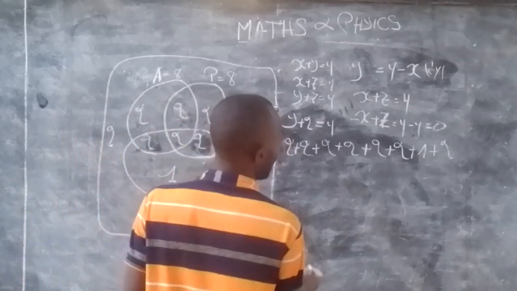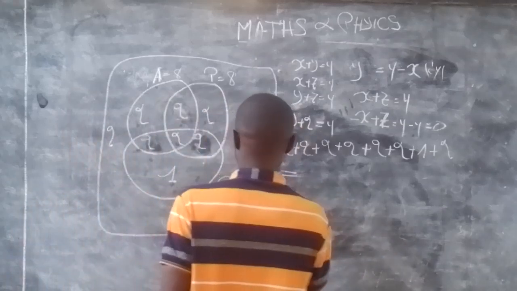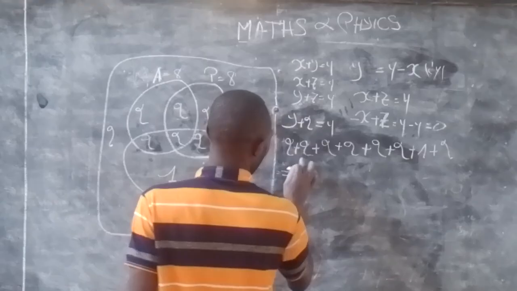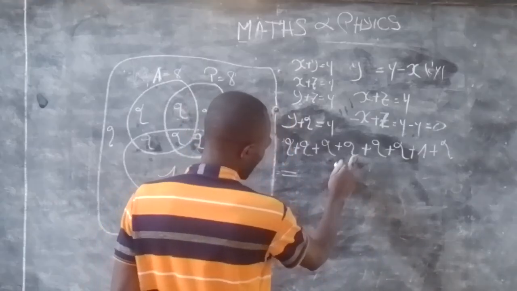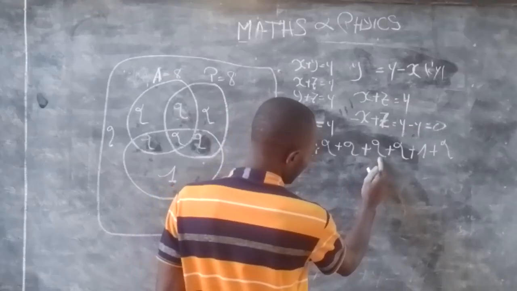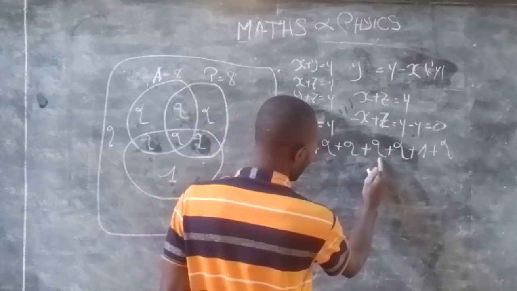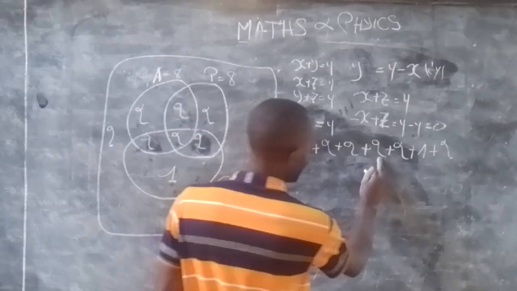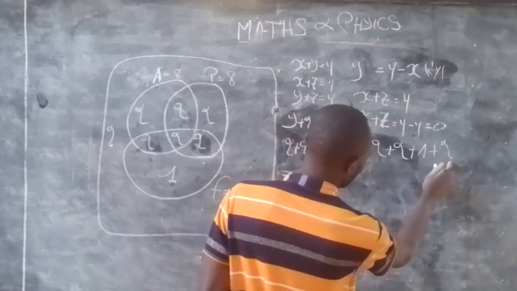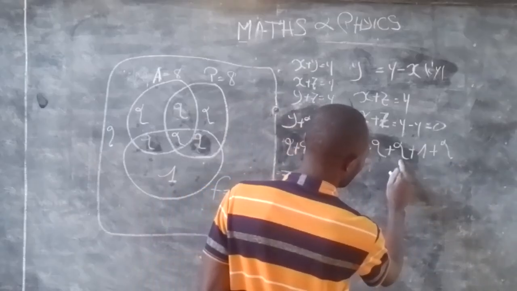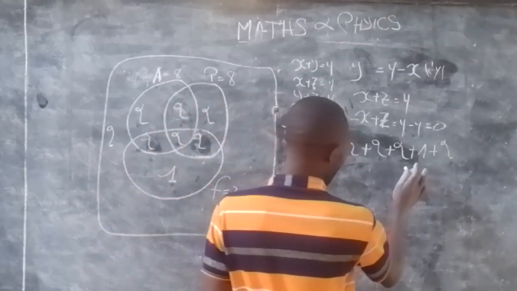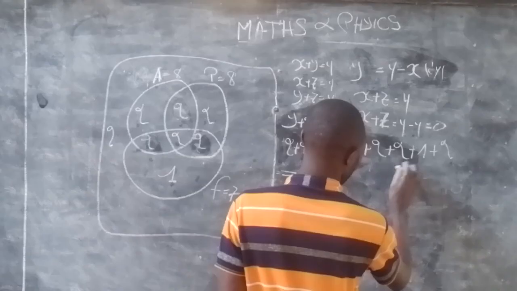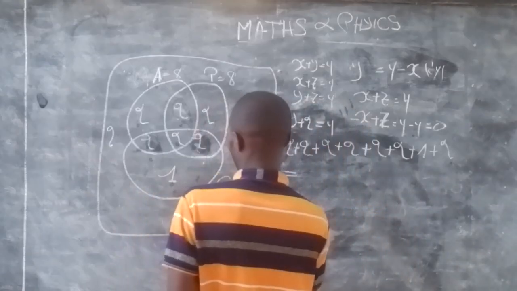So let's see the total number. Here we have 2, 4, 6, 8, 10, 10. We have 14. We have 15.